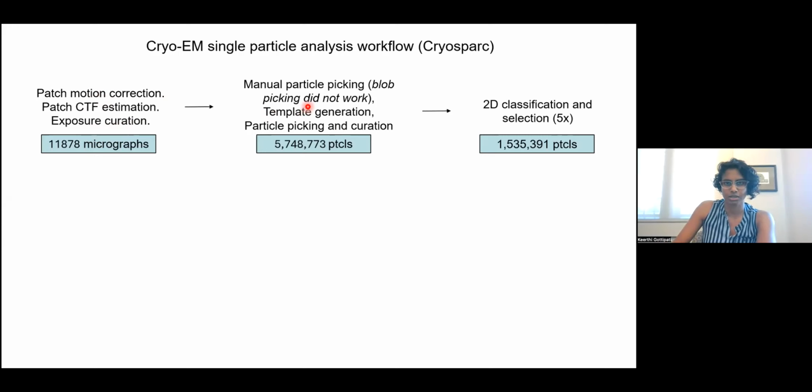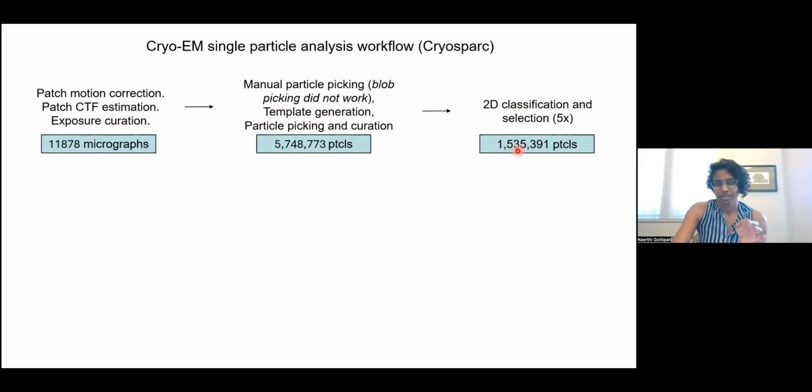One thing that did not give us good results, initially at least, was blob picking in CryoSPARC. It always worked for me where I created the templates from manual picking, and then template picking would pick up most of the non-junk particles. Even then, after picking and curation and 2D classification, we were left with 1.5 million particles.